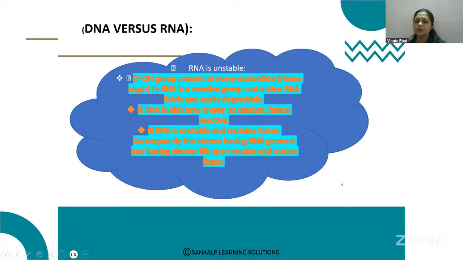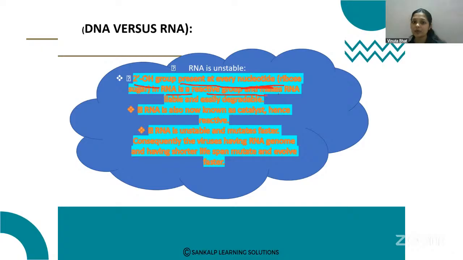Then, if you compare DNA and RNA, DNA versus RNA, what are the characteristics of RNA and DNA? Why is DNA preferred as a genetic material, and not RNA? Here, RNA is unstable, so it is not stable. Why is RNA not stable? Because at the 2' position, an OH group is present at every nucleotide in the RNA.